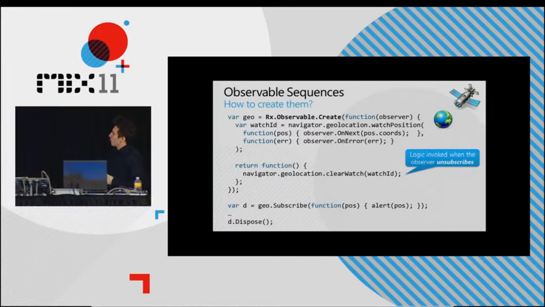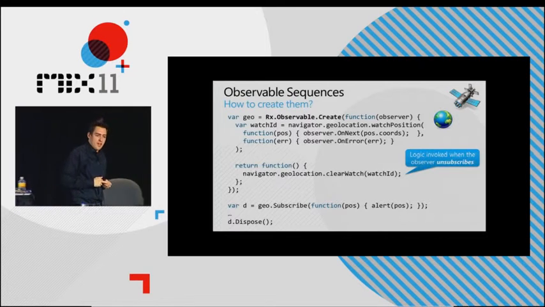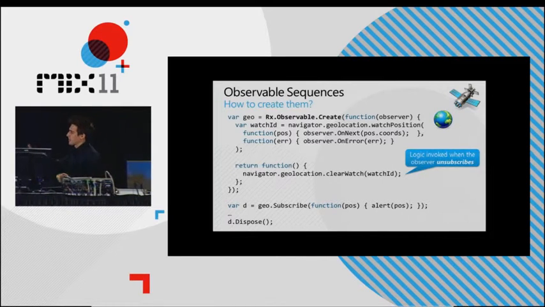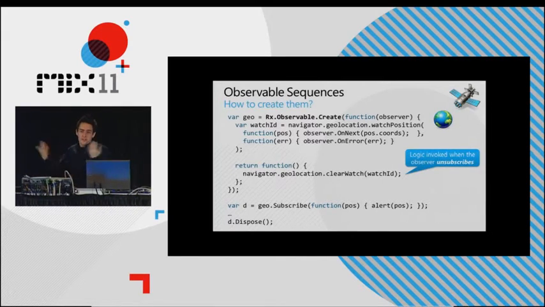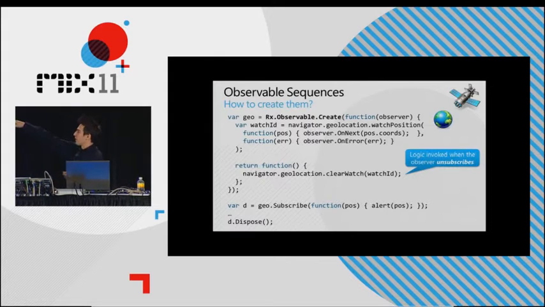How do you clear the watch? You need to know what the watch ID is. Well, the watch ID you got when you actually did watchPosition. So you have a little bit of state floating around here that when the user calls dispose, that little function where the text balloon is will get invoked and will tear down the watch ID, and the geolocation API will not call my callback functions on the top anymore.